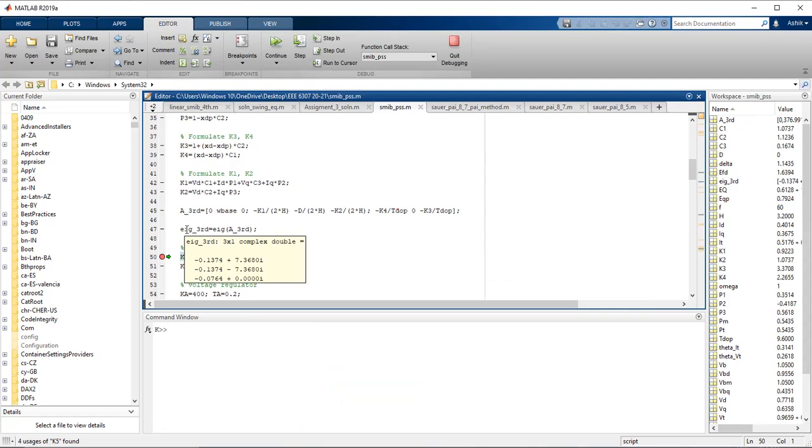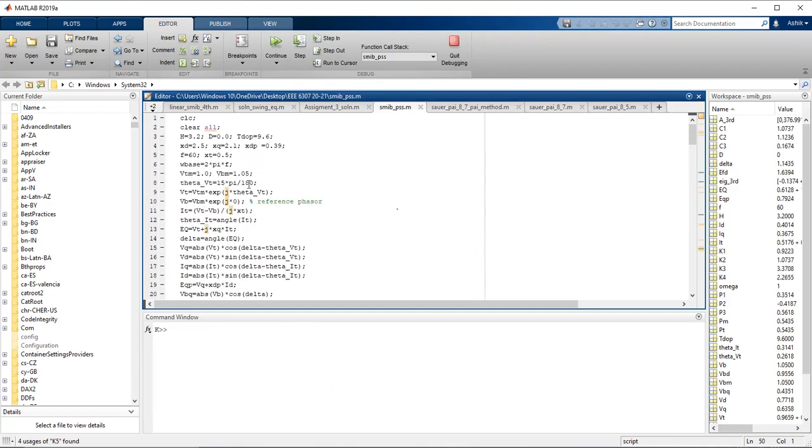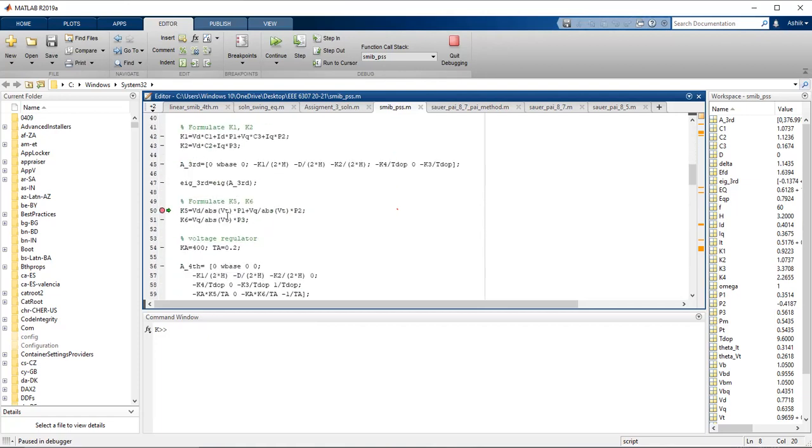So we can call it a stable system for the operating point under consideration. By operating point, I mean these three values: magnitude of Vt, magnitude of Vb, and theta. You can clearly check that if you change any of these, Vt, Vb, or theta Vt, your eigenvalues would be affected.